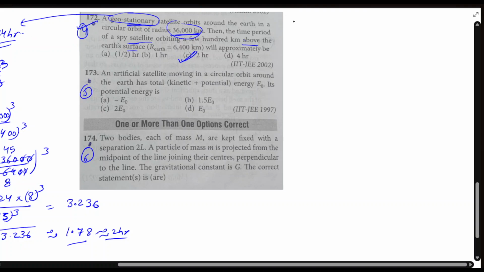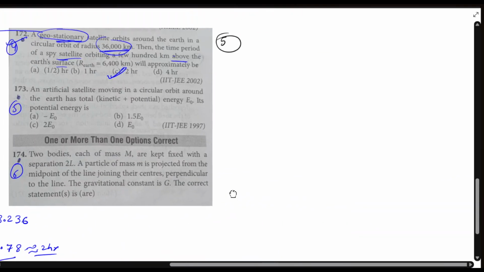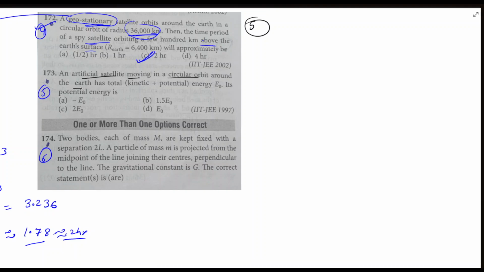So we have an artificial satellite moving in a circular orbit around the Earth that has a total energy E naught. So right, we have E naught. And what was it? It is, let's say, minus x. Then kinetic energy will be x and potential energy will be minus 2x, right?